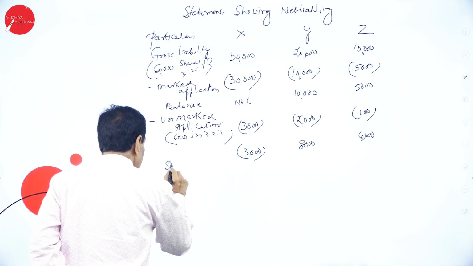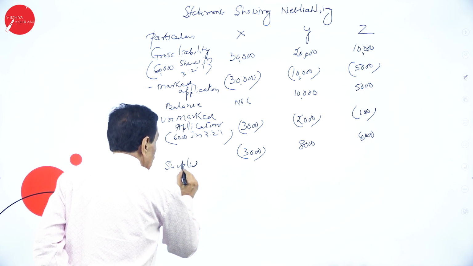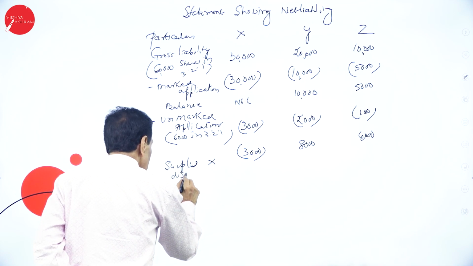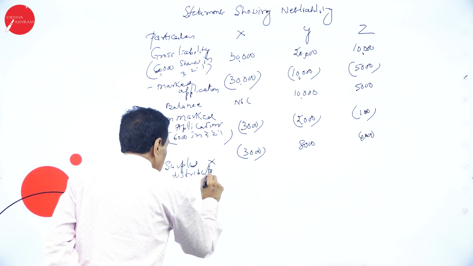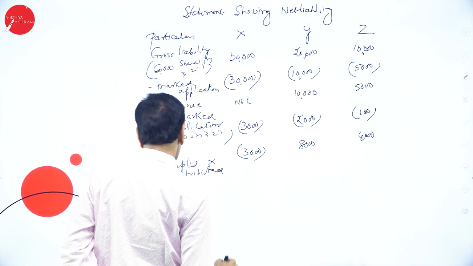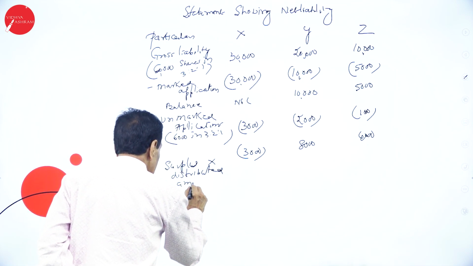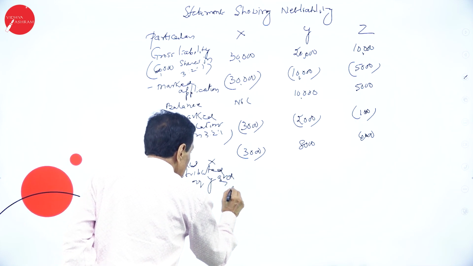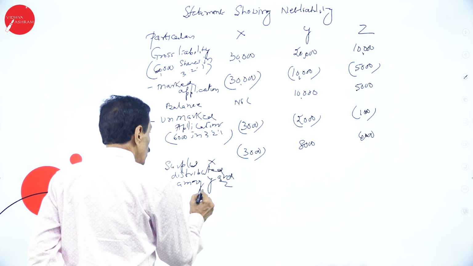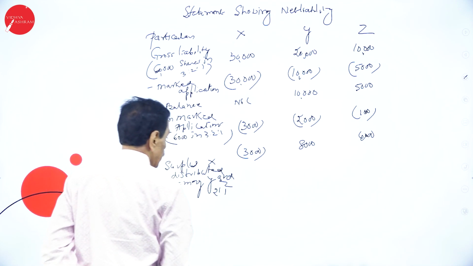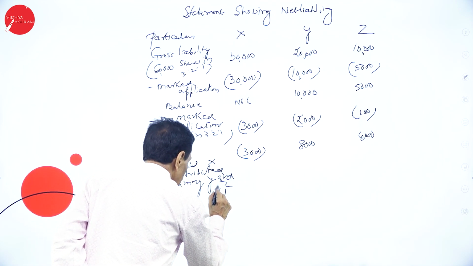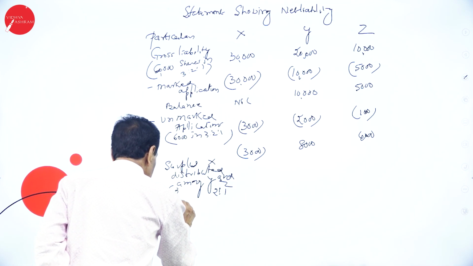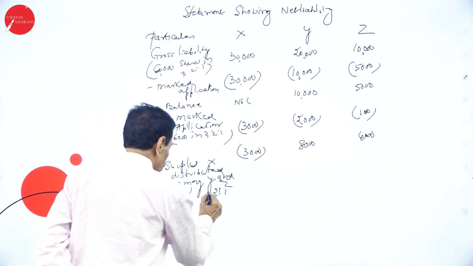Surplus of X distributed among Y and Z in 2:1 ratio.